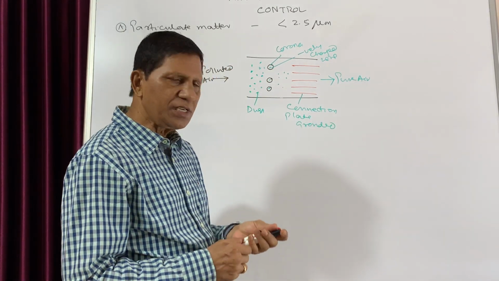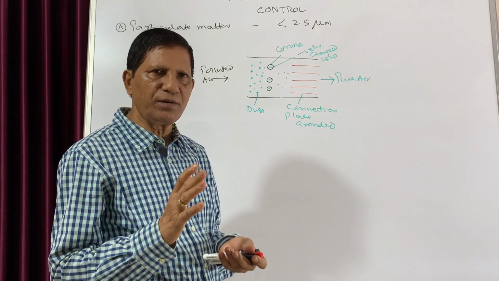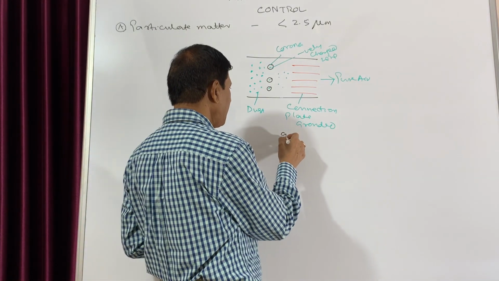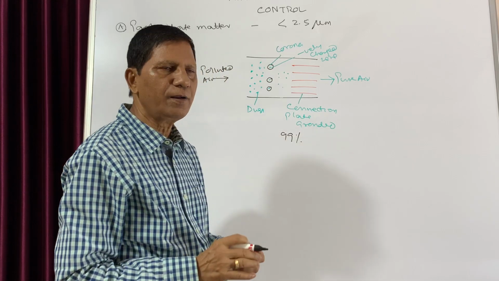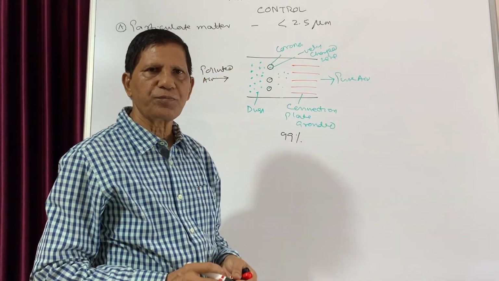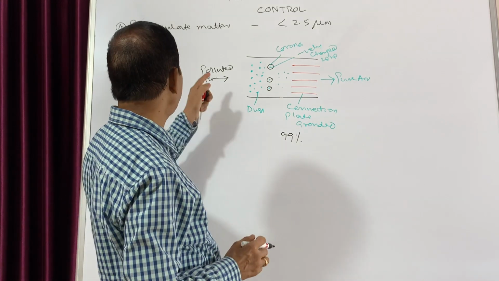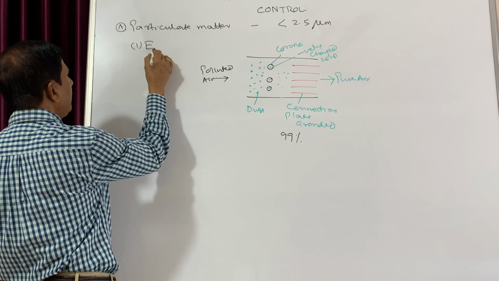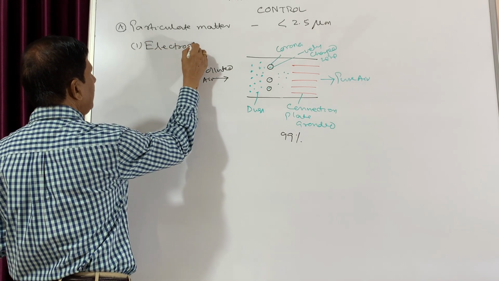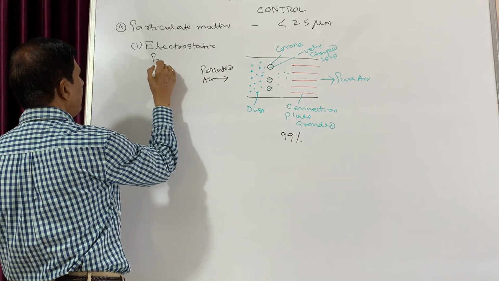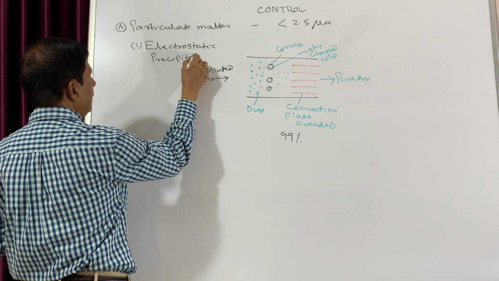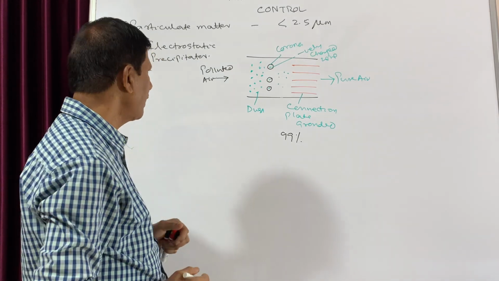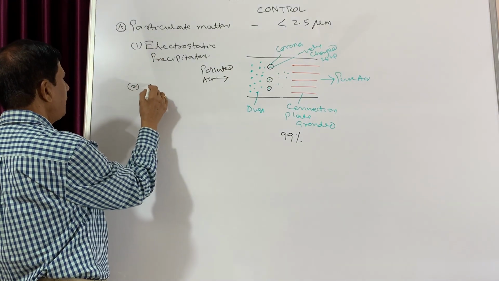At present, this is one of the best methods of catching particulate matter, and by this method 99% of the particulate matter is retained and the pure air passes. This is known as the electrostatic precipitator.